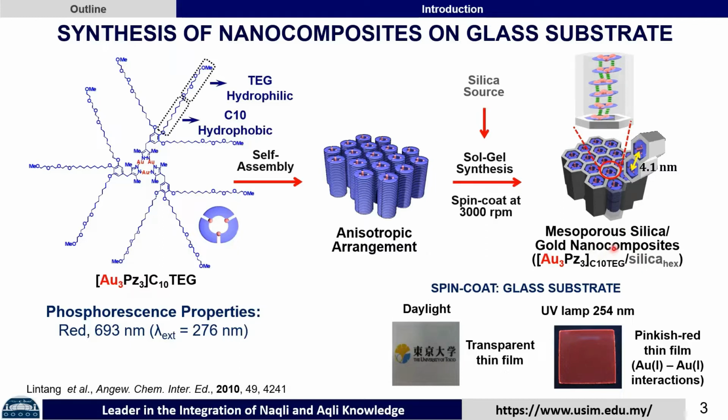Interestingly, even after the synthesis as a film, the transparent film gives a pinkish red color under a UV lamp, indicating the preservation of gold-gold interaction even after being formed as a film. This means that the phosphorescent properties present in the gold complex were able to be retained even as a nanocomposite in the film.